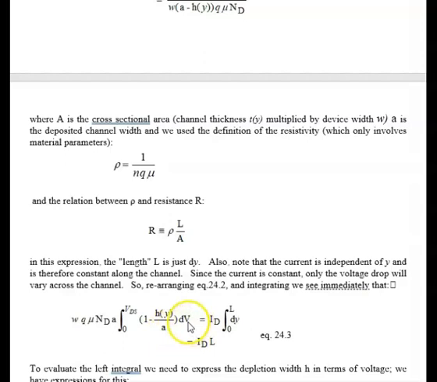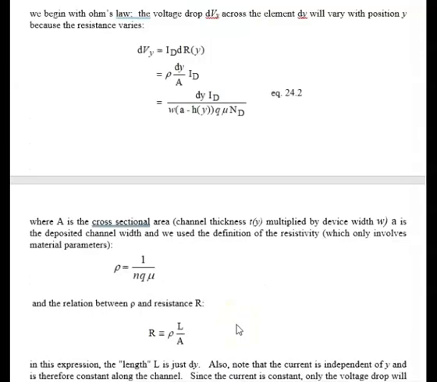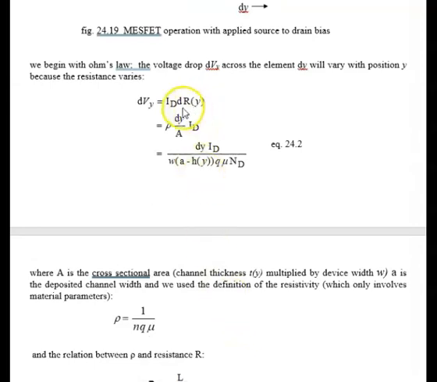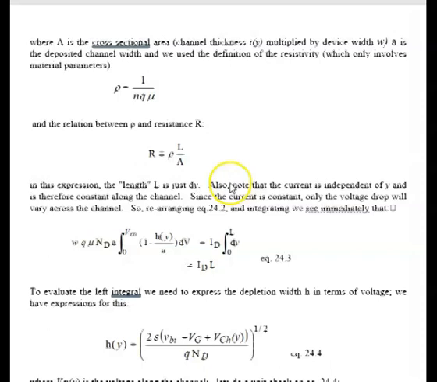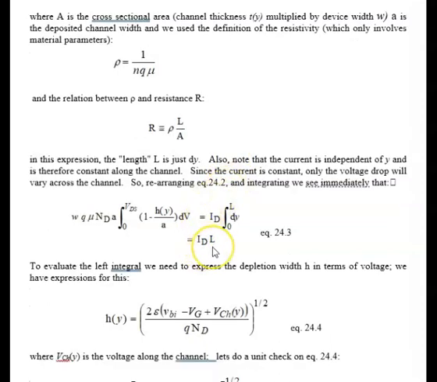We're integrating along the channel. I probably should have put a dV channel here rather than just dV, because this is integrating along the channel. And of course, the right side is pretty straightforward. The right side is just dy times ID, so that is just ID times L.